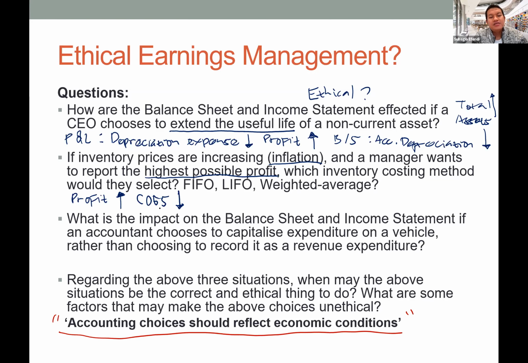So they need to make this cost of goods sold lower than the previous one. Because the profit is simply the sales minus cost of goods sold minus the operating expenses. All right, so you get the profit. So in order to make the cost of goods sold smaller, they need to report a higher ending inventory.